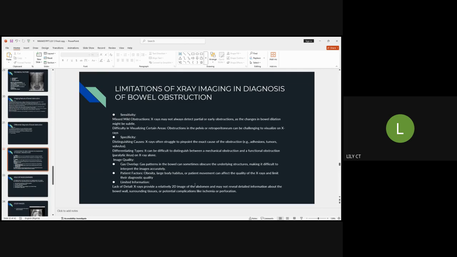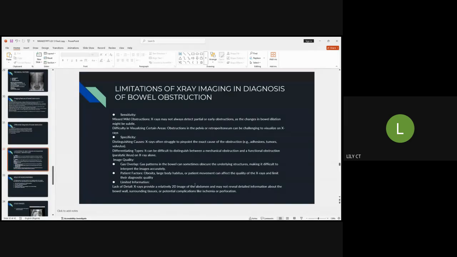It can be difficult to differentiate between the types of obstruction, which is if it's mechanical or functional, on an X-ray image. Image quality: gas pattern may sometimes obscure underlying structures, making it difficult to interpret the image accurately.